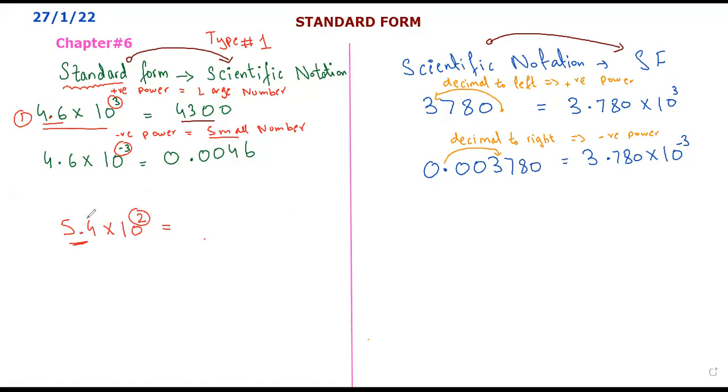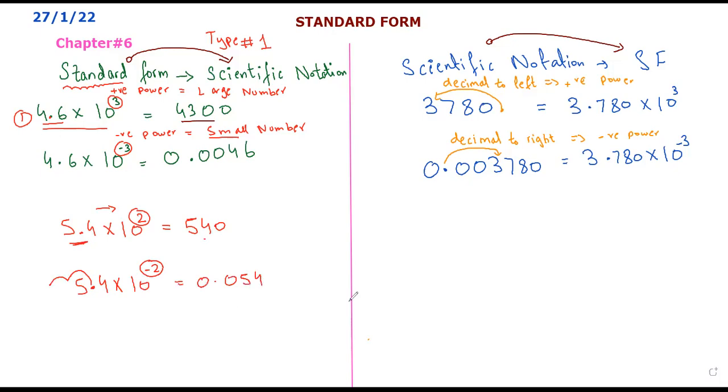By moving the decimal to the right side. So this would become 540. Similarly, if you had 5.4 into 10 to the power minus 2, you have negative power, your number will become smaller. How will it become smaller? Your decimal will move towards the left side. 0.054. Okay, this is what you'll get.